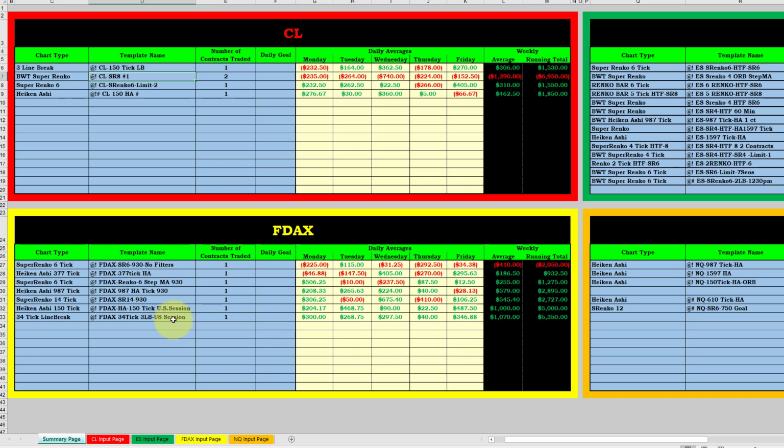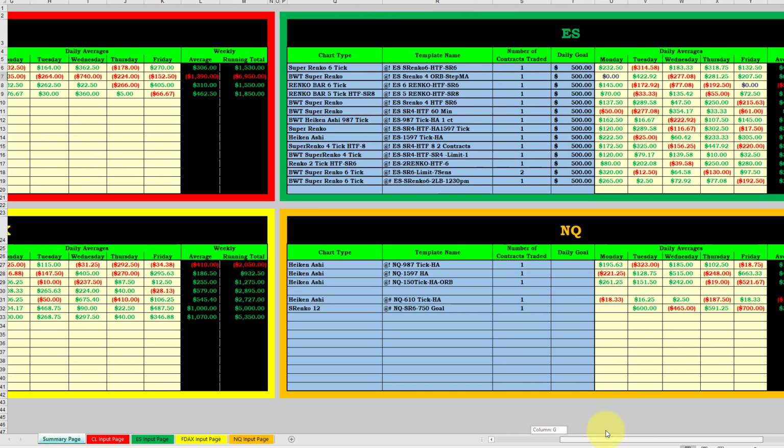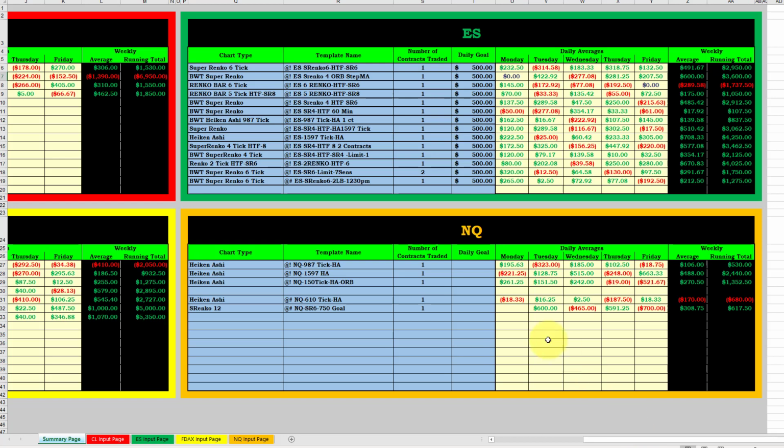The settings for line break are a little bit different than you might use on other charts, and 34 tick line break is a pretty small chart. Generally, templates may work on another chart, but you still need to put into perspective your settings based on your time frame and the size of the swings and the size of the bars and things of that nature.